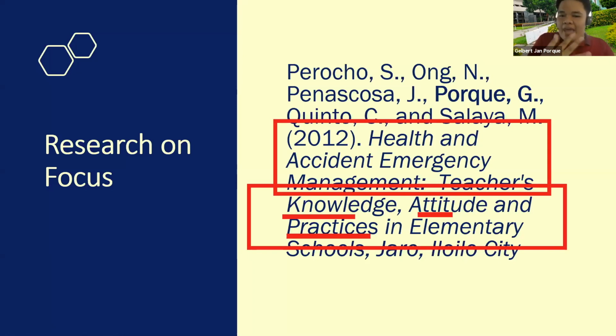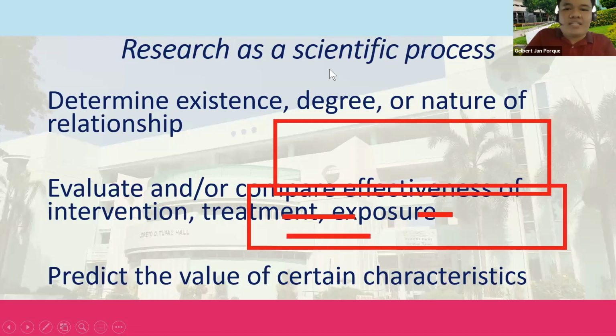In introspect, one of the things that we were trying to explore is that in the private setting, they are more confident because of the perceived availability of resources. But in our study, that's not the conclusion. That is just a recommendation for further study. So this is just an example.